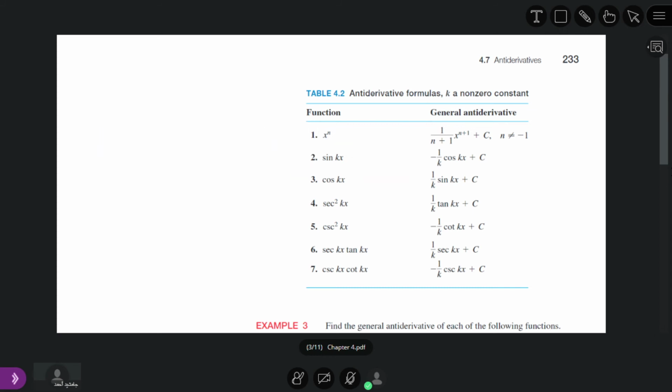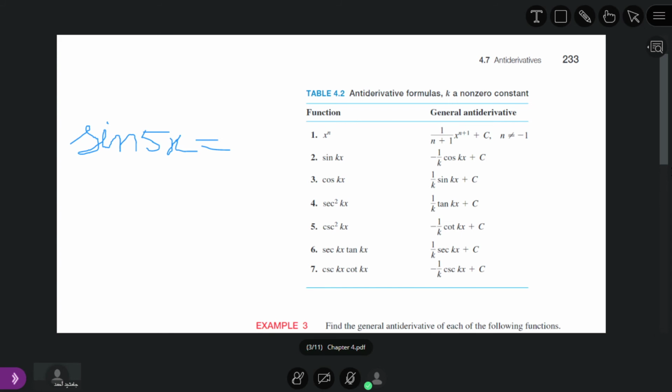Now I give you a question. What is the antiderivative of sine 5x?